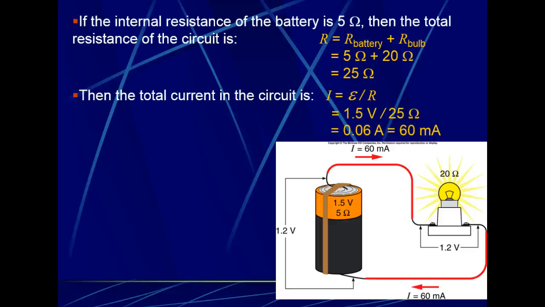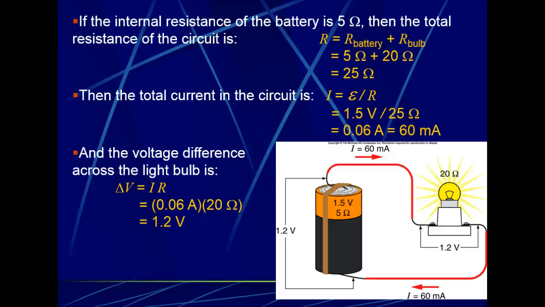So that means that the current, we're going to take the 1.5 volts of the battery, divide it by the 25 ohms in the circuit, and we're going to get that the current is 60 milliamps. So that means the voltage drop across the battery is going to be 1.2 volts. So that means that this resistor inside the battery is taking up 0.3 volts.